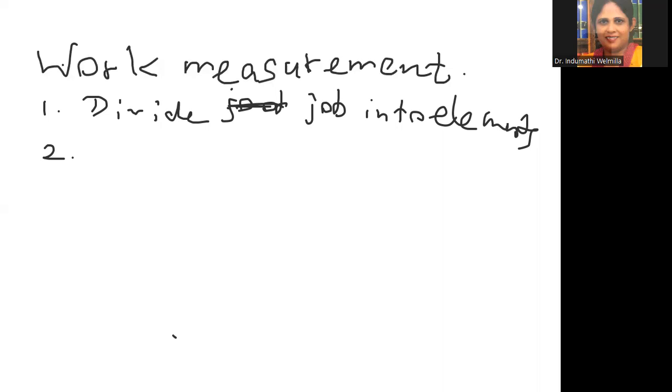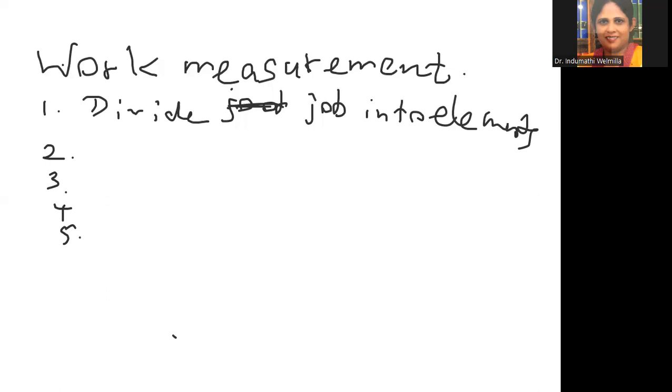Finally, ascertain the frequency of occurrence of each element in the job, then multiply the work content by it, and total the times to reach the work content of the job. So there are 5 steps that we have to follow when doing work measurement.